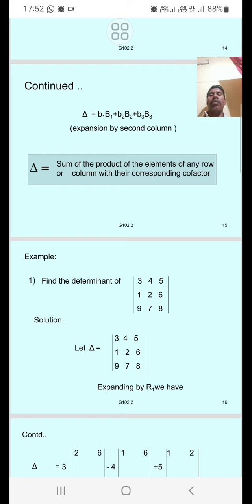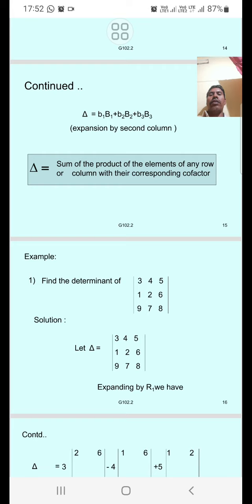So element, cofactor means sign and its minor. And here we have to multiply both sign and its minor of the element.